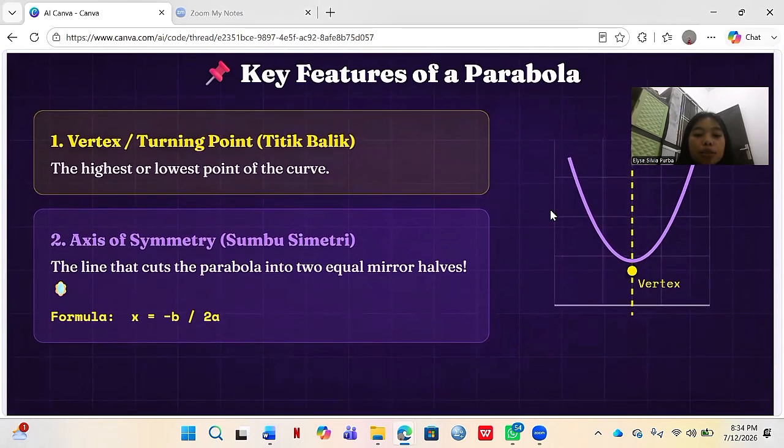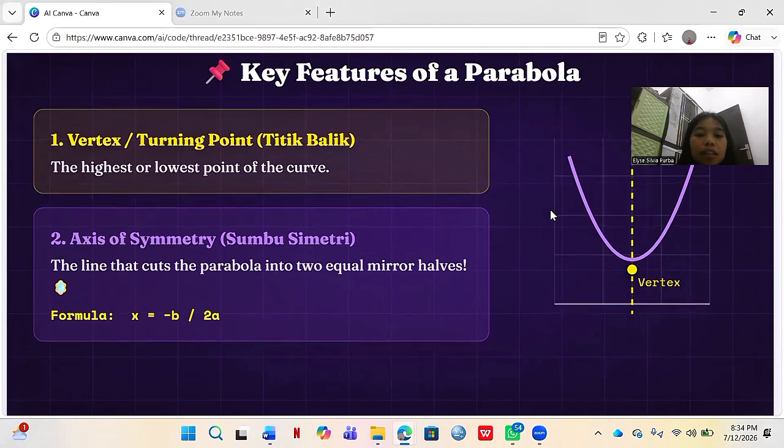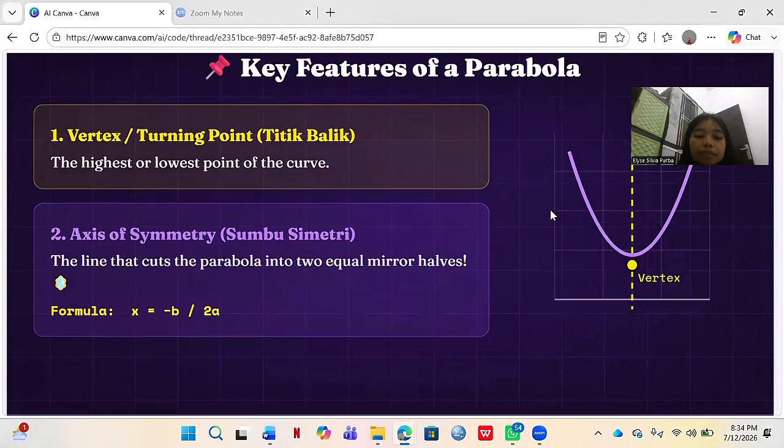Every parabola has unique features that help us. First, we have the vertex, also known as the turning point. It can be the minimum or maximum point.